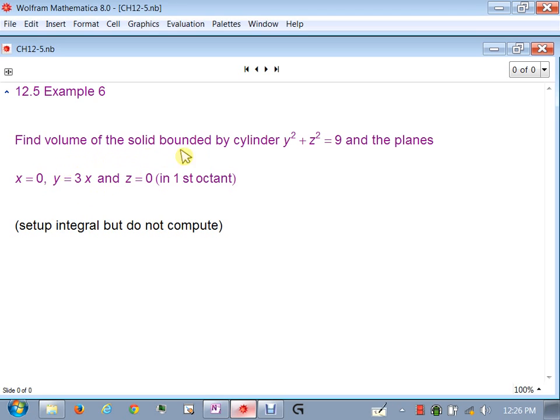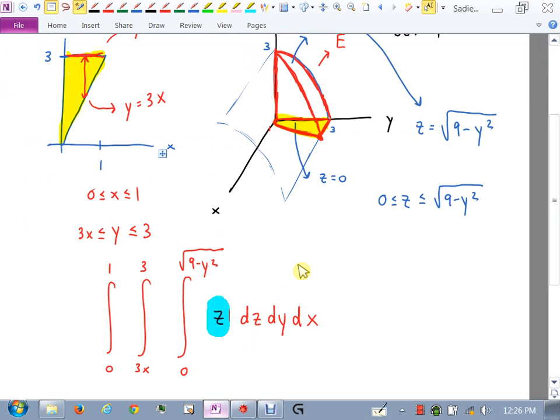I just said, what's the volume of this solid? So you would just set up a triple integral and integrate the function 1. It'd be exactly this problem, except z would be 1. And if you did that, you would get the volume of that little wedge. Make sense?